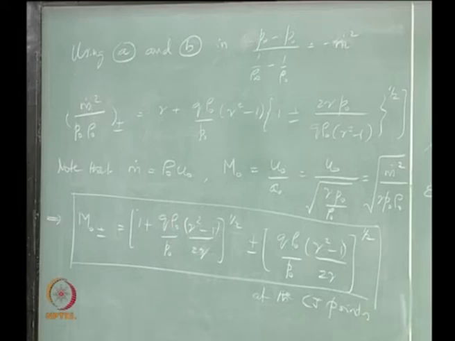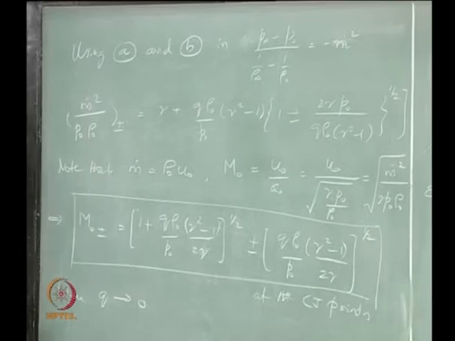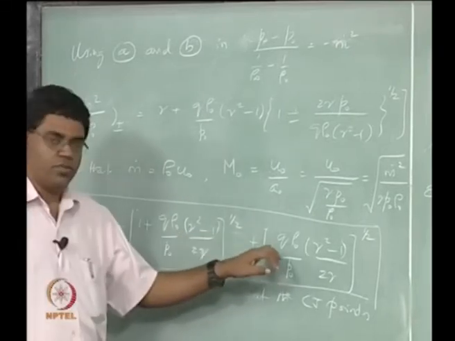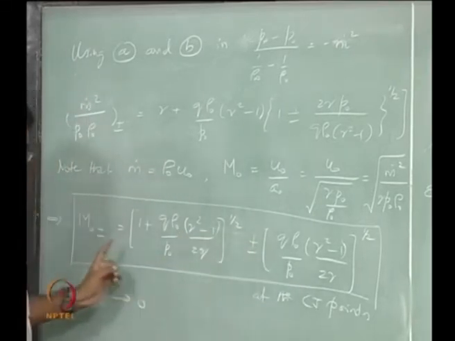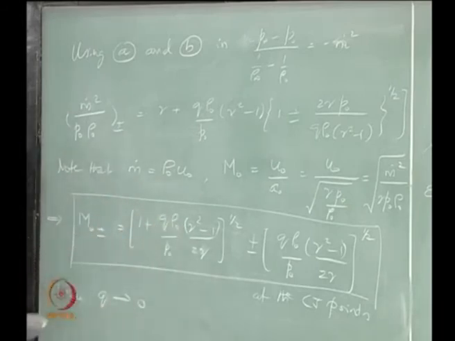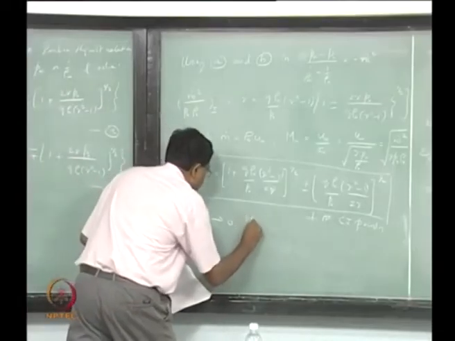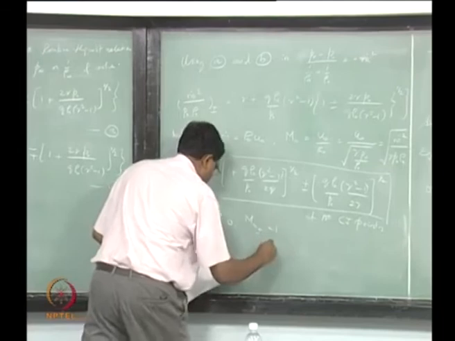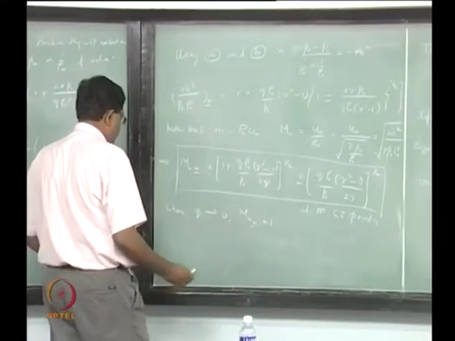What we can see from here is, when q goes to 0, this goes to 0, this goes to 0. So you just get M naught plus or minus 1 is equal to 1. So when q goes to 0, we get M naught plus or minus going to 1.